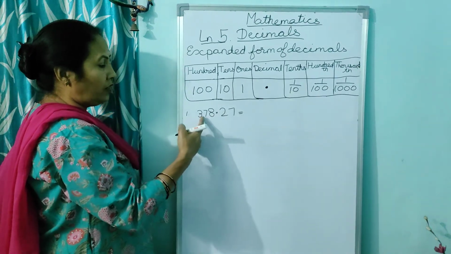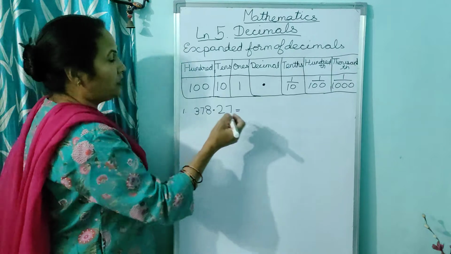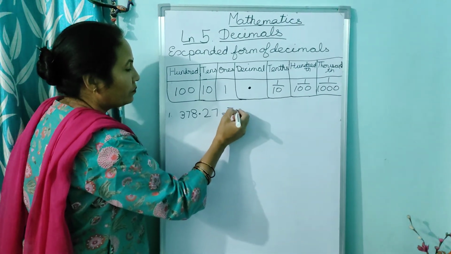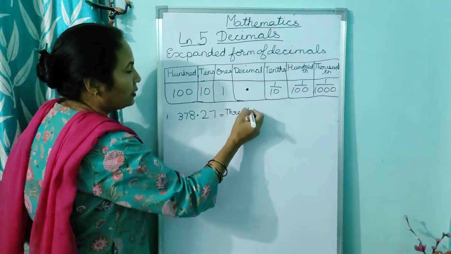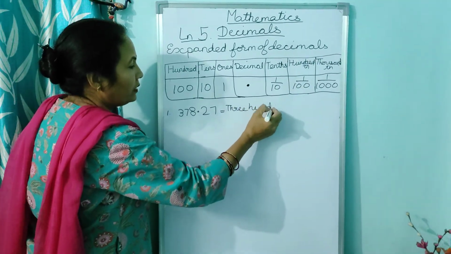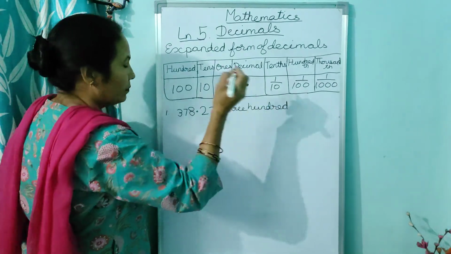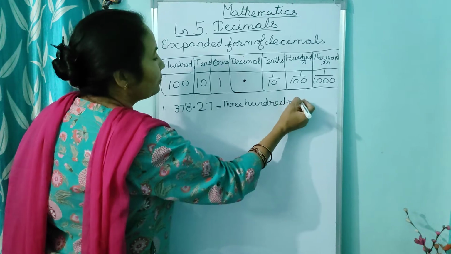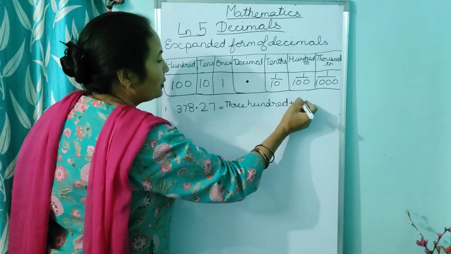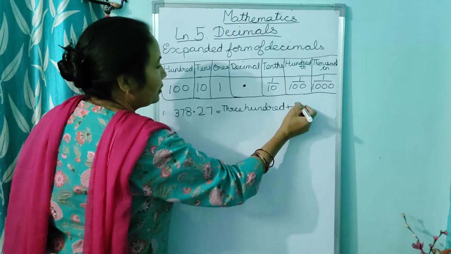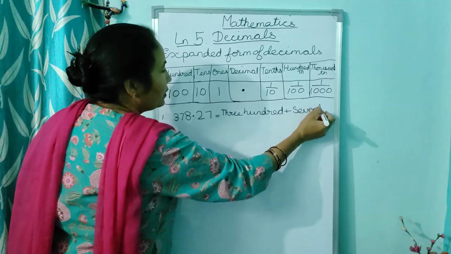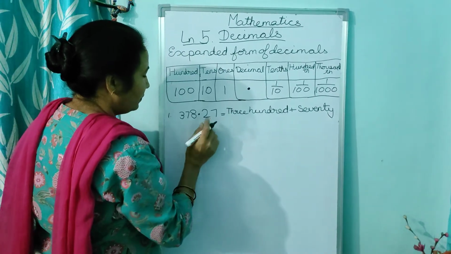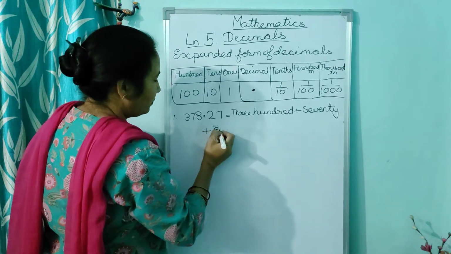Before the decimal point you have 378, so 3 you will write as 300, then plus 7 is 70, plus 8.